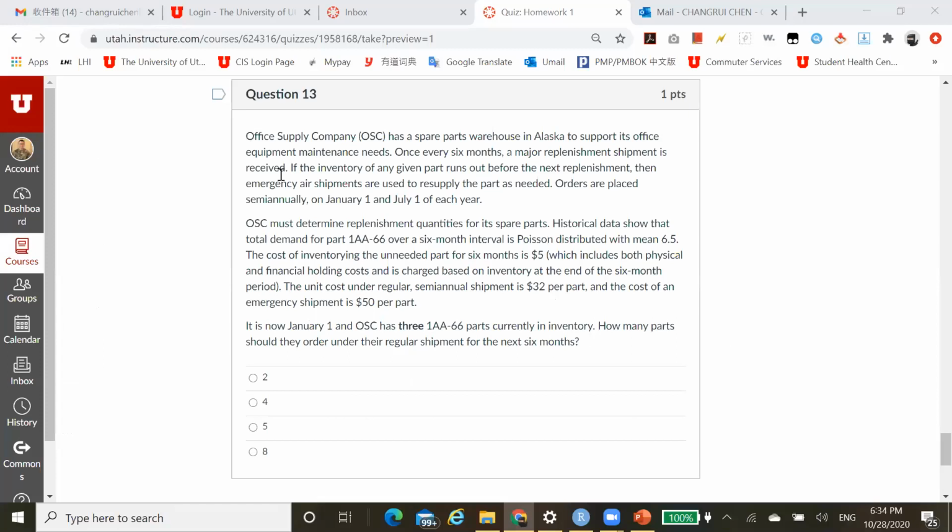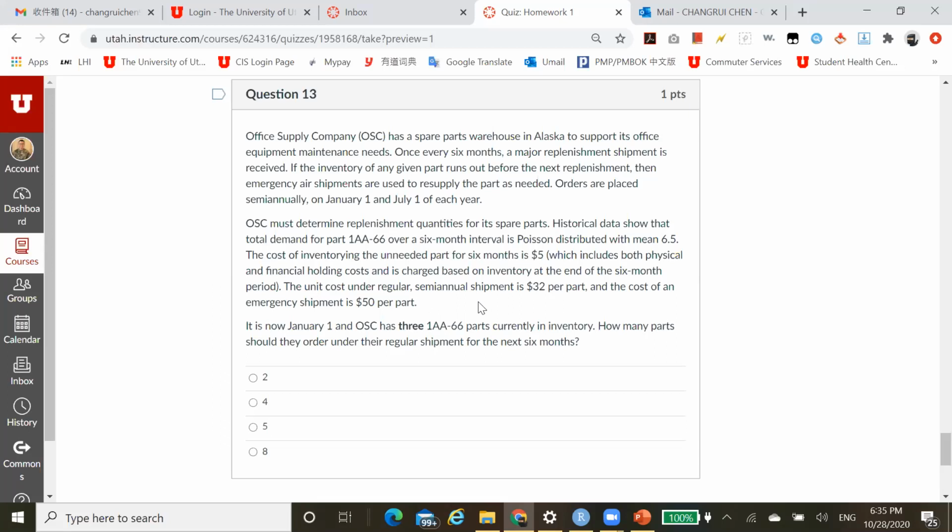Okay, so OSC, office supply company. In this question, the cost of inventory, the unneeded part at 6 months, is $5. And then the unit cost under regular semi-annual shipment is $32 per part. And the cost of emergency shipment is $50 per part.